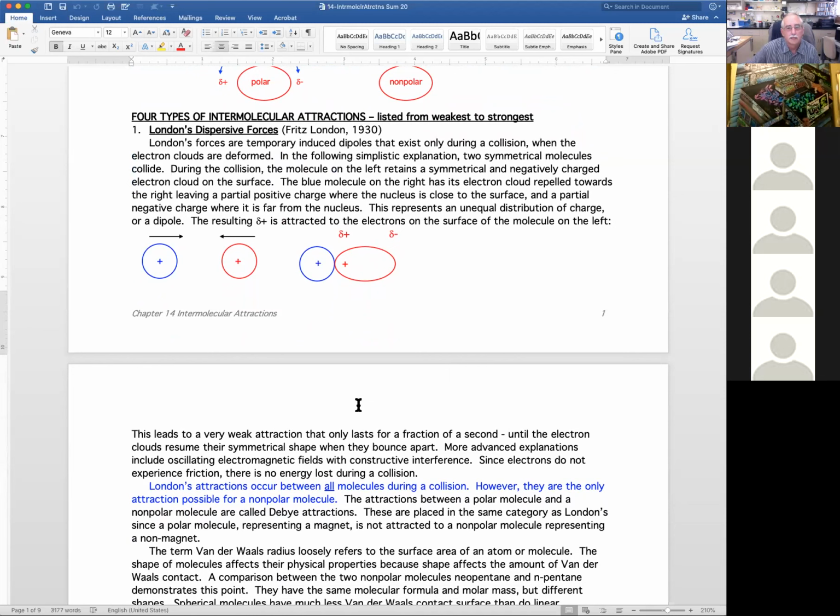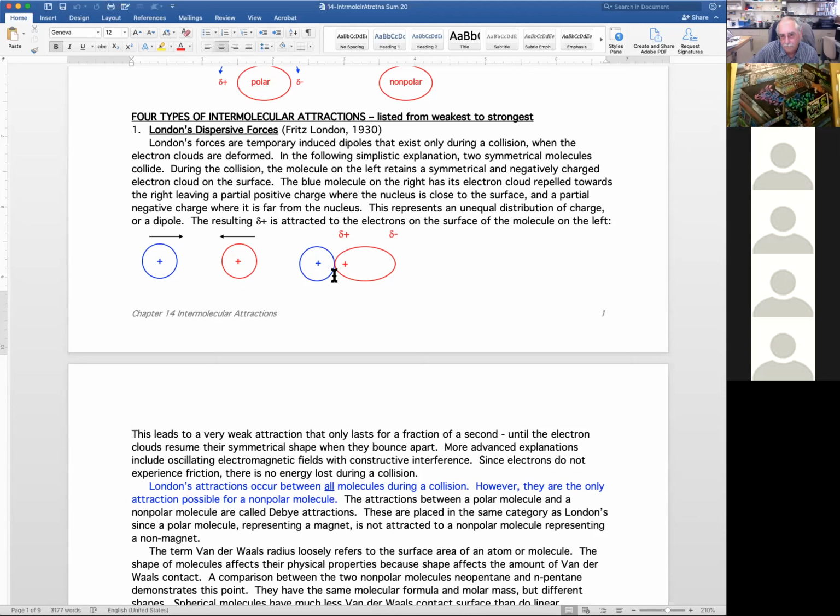So here's two atoms or molecules. You see I put the electron clouds as being symmetrical. They're nonpolar. When they collide into each other, I drew it so one completely won and the other completely lost, which is not exactly what happens.